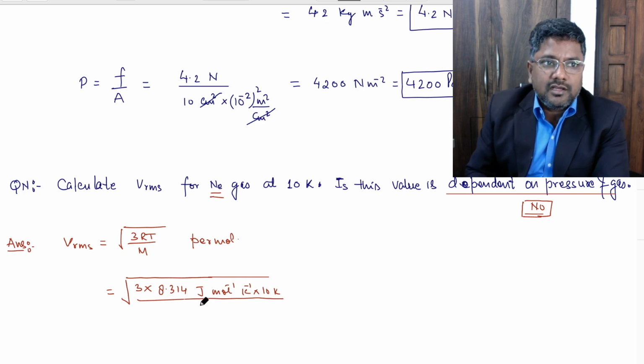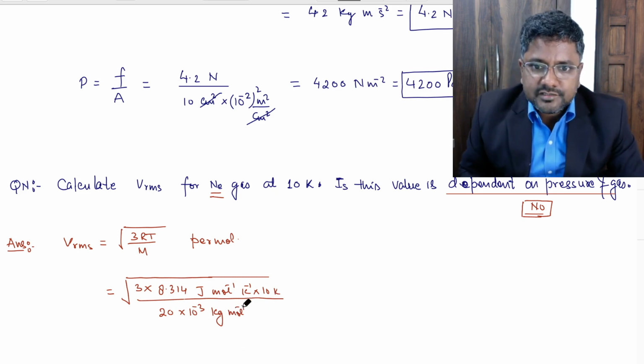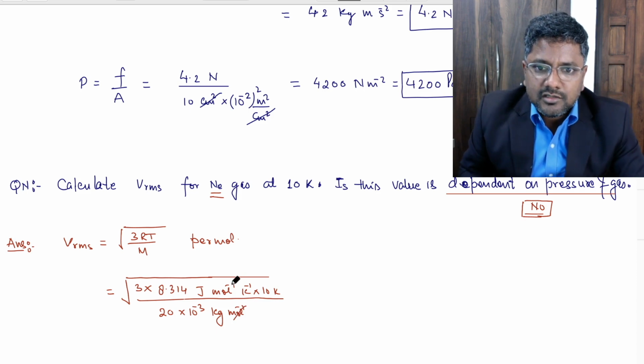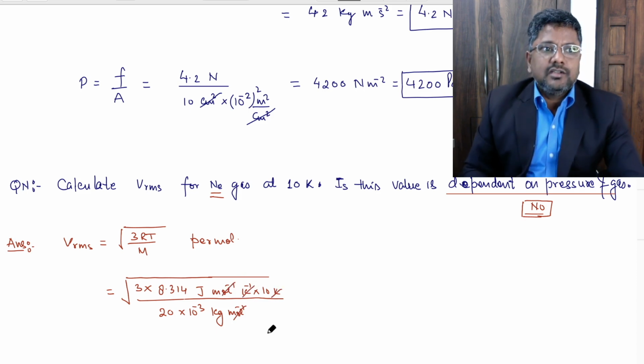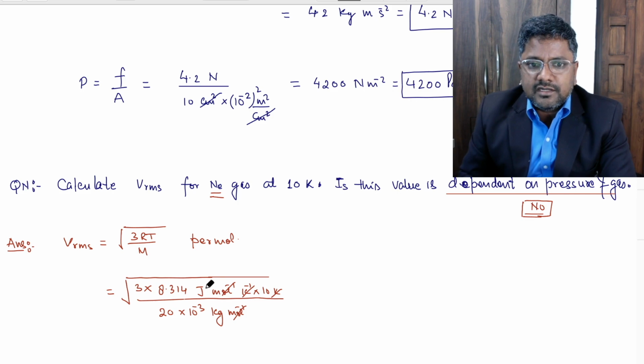So for neon it is 20 into 10 to the power minus 3 kilograms per mole, right? So per mole cancels, per Kelvin cancels, and we can write here joules.